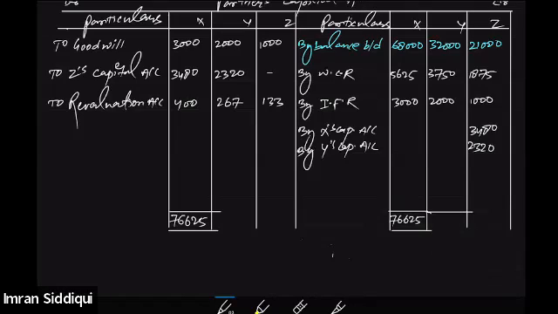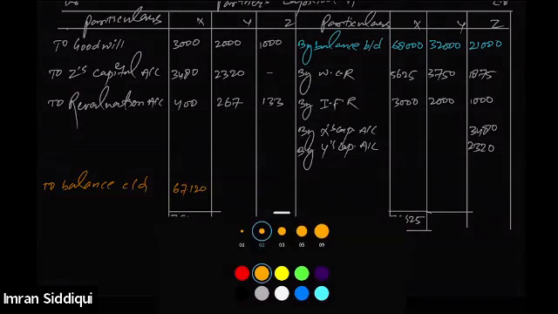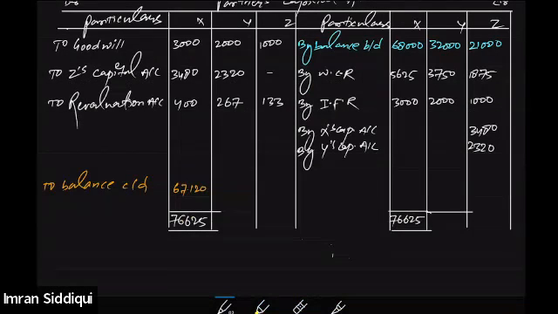Subtracting 3,000, 4,000, 3,480, 2,625 out of it, we will get the closing balance of Mr. X is 67,120. This is the closing balance to balance sheet for X, and we'll do the same thing for the Y as well.